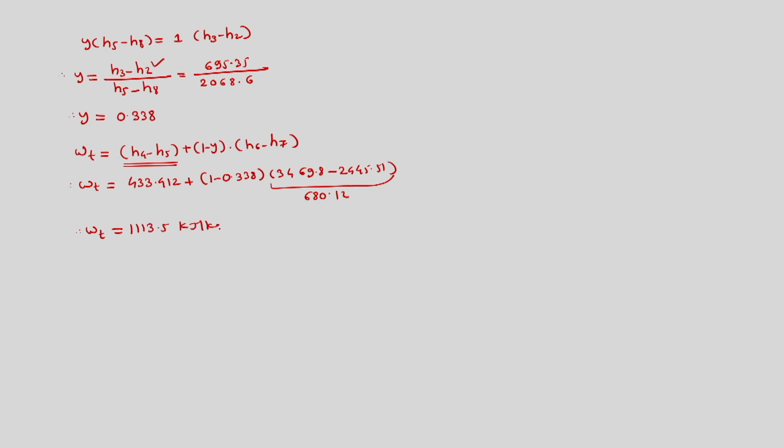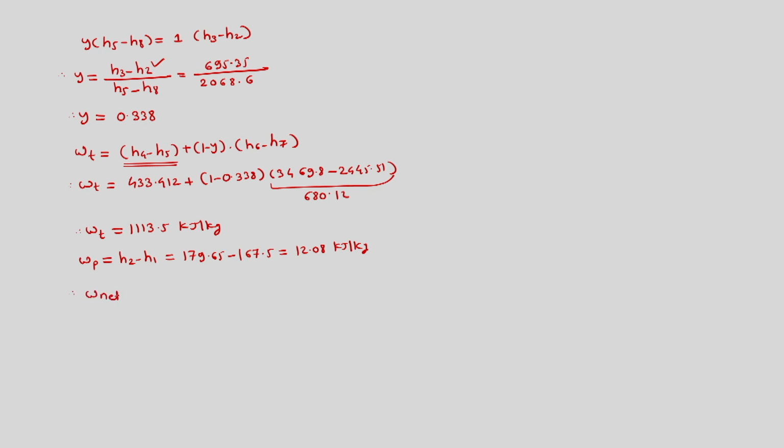So we have turbine work equal to 1113.5 kilojoule per kg. We have pump work as H2 minus H1, which is 179.65 minus 167.5, and it gives us 12.08 kilojoule per kg.